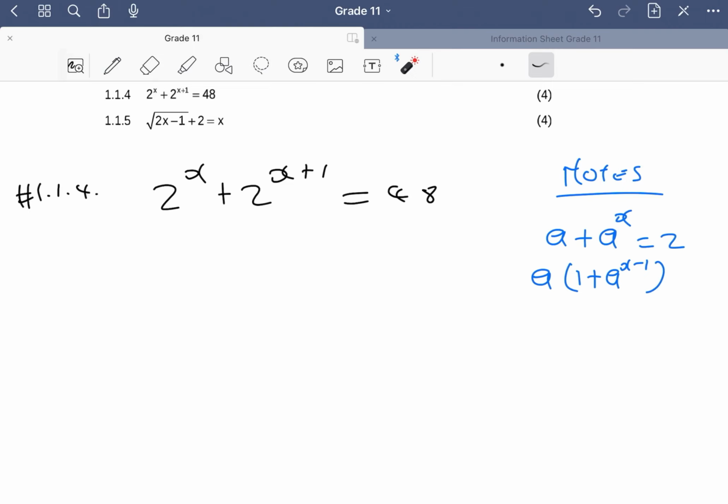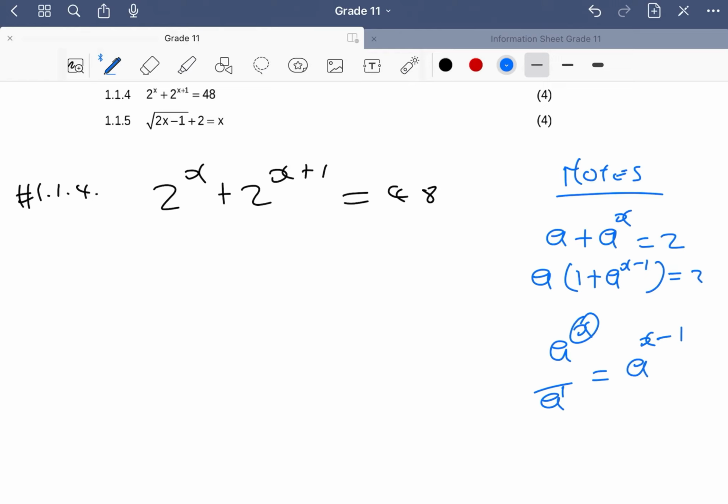Because if you remember again, a^x over a is a^(x-1), because you're dividing the same bases, therefore you subtract the exponent. So this will be equal to 2.